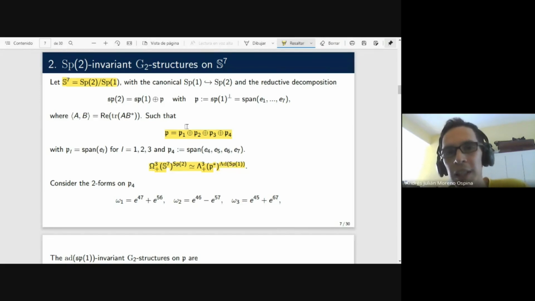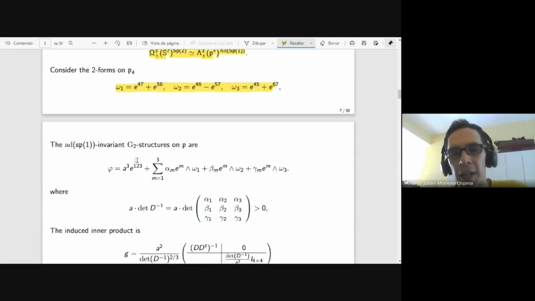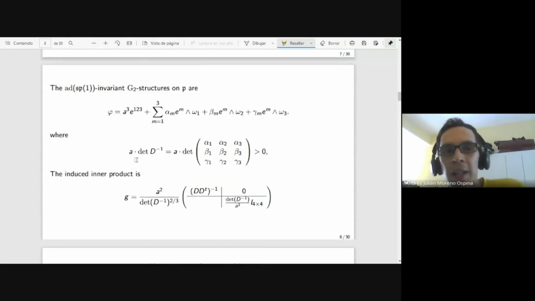So using this description, we fix a basis for the isotropy representation. We fix these two forms for this subspace P4, which has dimension 4, and we can compute all the invariant G2 structures, which depend on 10 parameters.